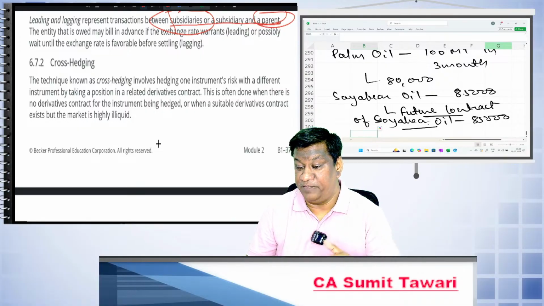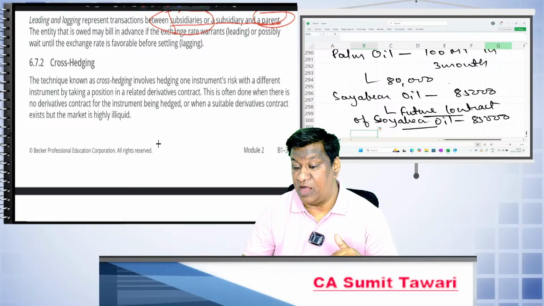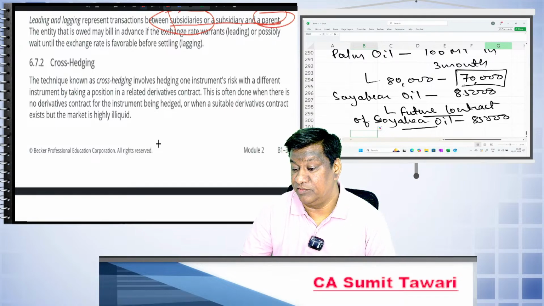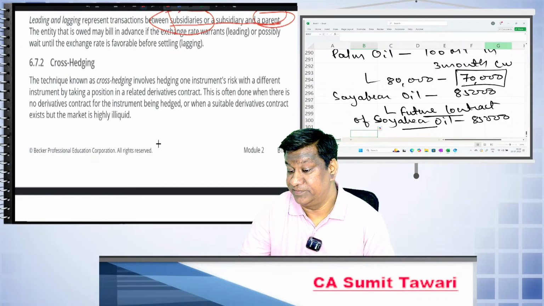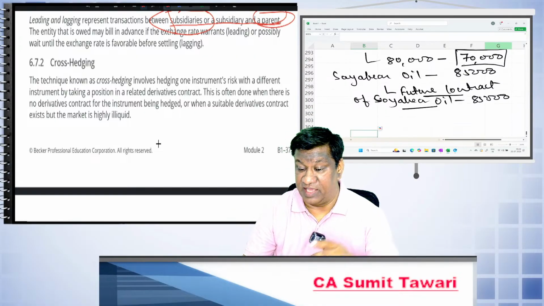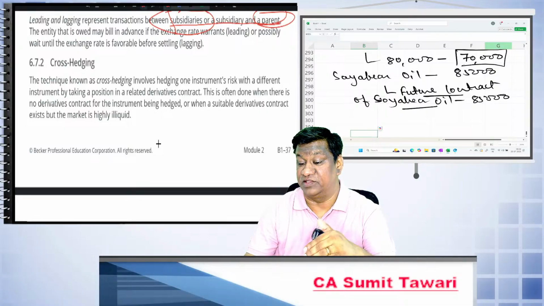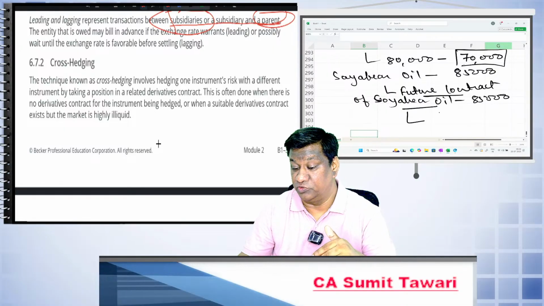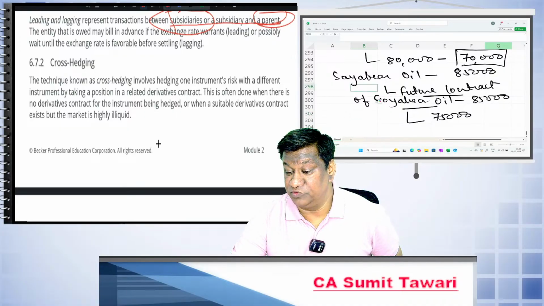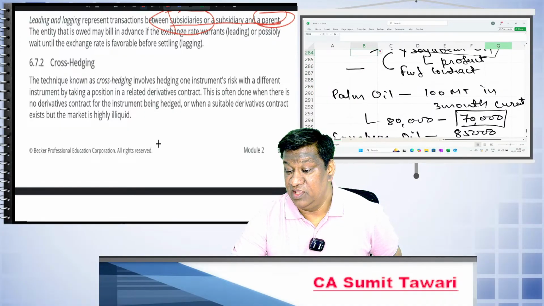What happened? The price of palm oil decreased and now it is 70,000. In parallel, as I said, the same pattern is shown by the other commodity, so the price of soybean oil also decreased and now it is 75,000.